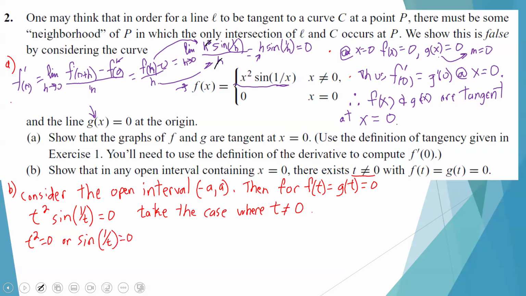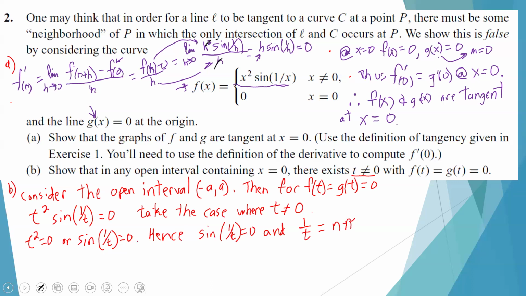So knowing this, hence sine of 1 over t is equal to 0, and because we know our trig, that means 1 over t is equal to some number times pi.